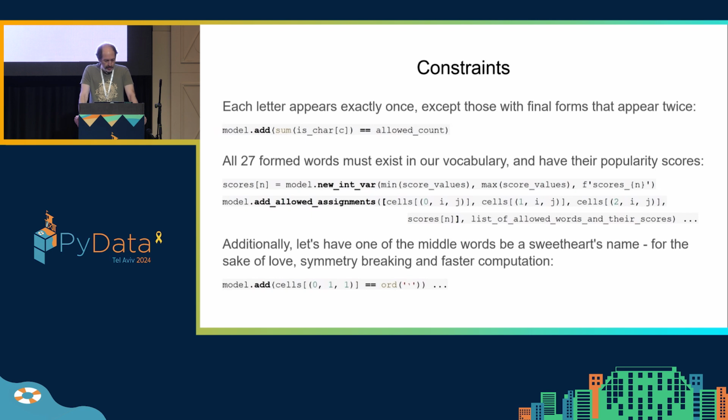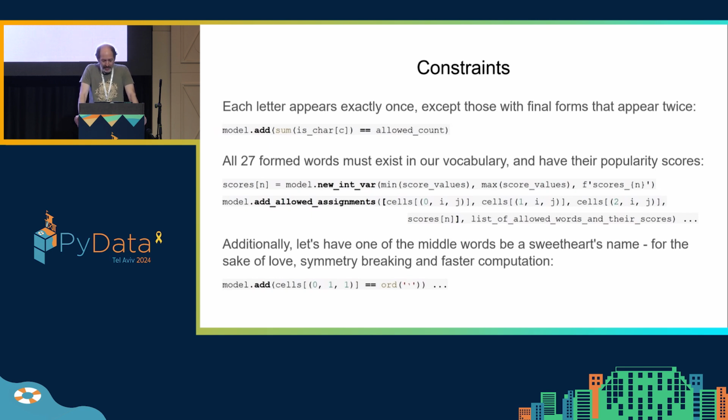We will use them later for the optimization. The scores are just integer variables with score values in some range. And the global constraint, AddAllowedAssignments. So for the first cell in the row, second, third, and the accompanying score, they have to be one of the allowed options in my list of allowed words and their scores.